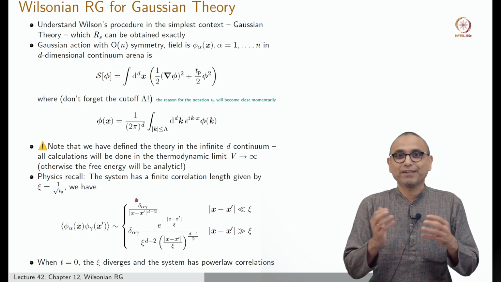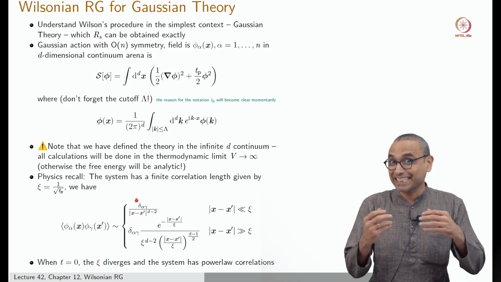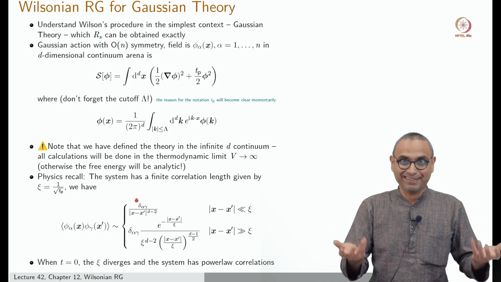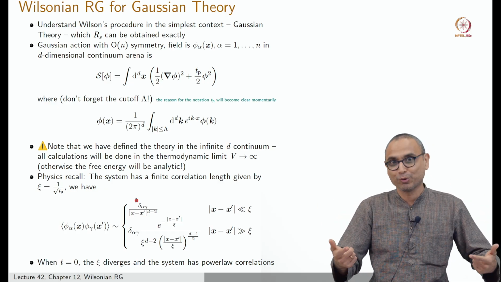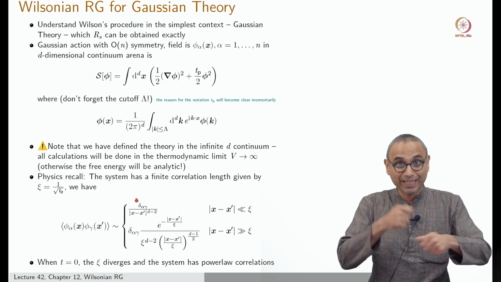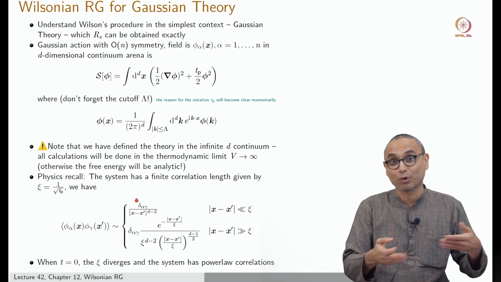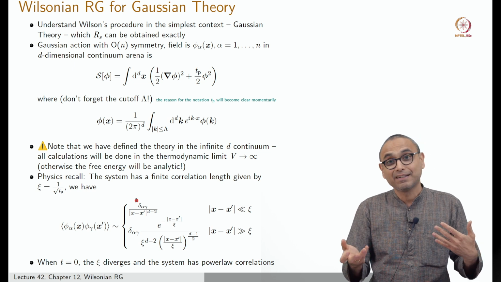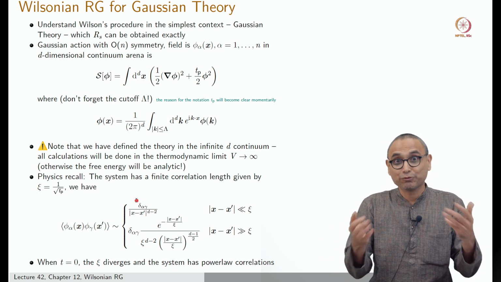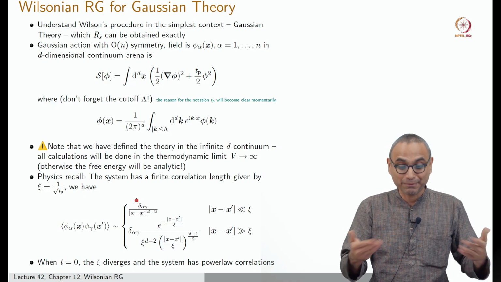Now we know that if we have power law correlations on all scales, then that system can be thought of as scale invariant, right? Because if you do a scale transformation on that, you can rescale the coefficients. That's what I am pointing out: the correlation function is a generalized homogeneous function, and therefore one can anticipate that the system has scale invariance.